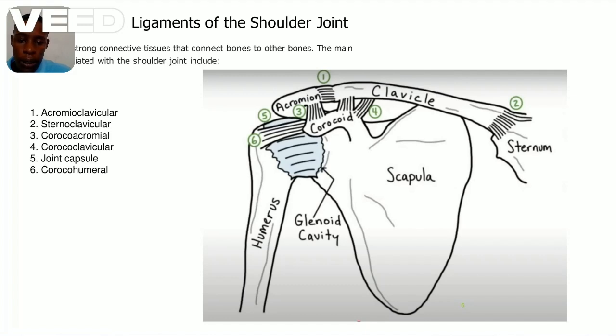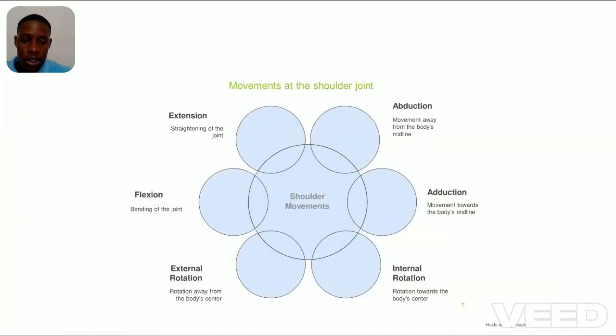And we've also got the coracoclavicular, which is the joint between the coracoid and clavicle. We've got the joint capsule, since it is a synovial joint, any synovial joint has a joint capsule. And the last is the coracohumeral, which is the joint between the coracoid and the humerus. This makes the ligaments of the shoulder joint.